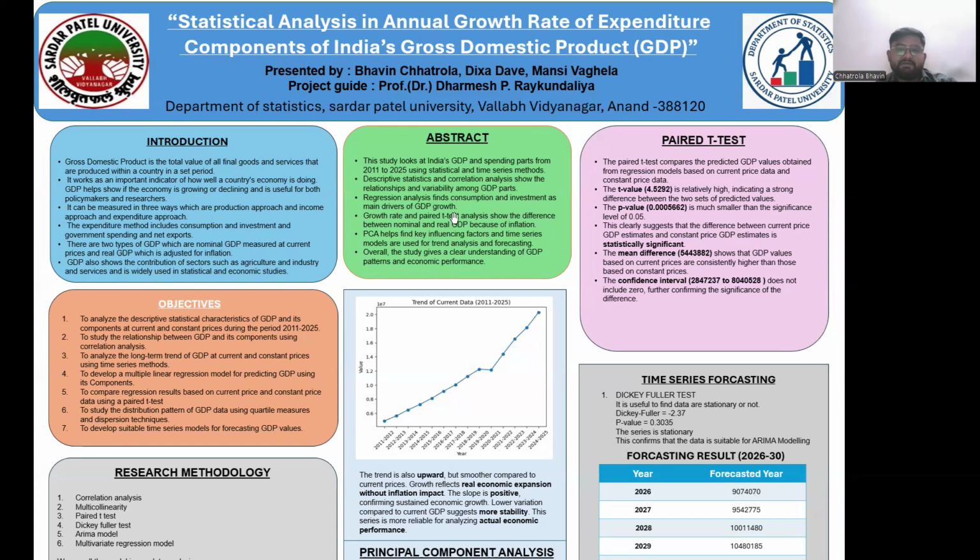Regression analysis finds consumption and investment as main drivers of GDP growth. Growth rate and paired t-test analysis show the difference between nominal and real GDP because of inflation. PCA helps find key influencing factors, and time series methods are used for trend analysis and forecasting. Overall, the study gives a clear understanding of GDP patterns and economic performance.